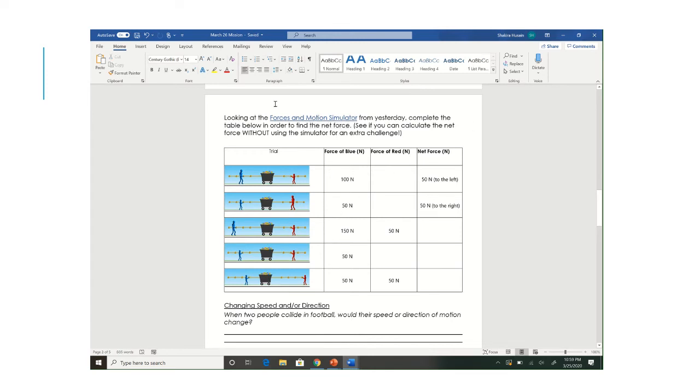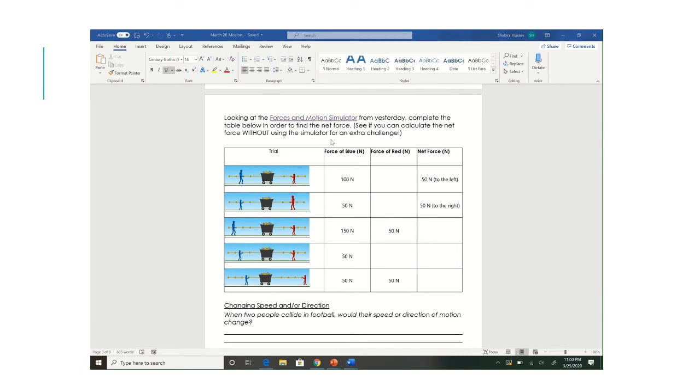So you can either use a simulator and set up these different scenarios on your own and then fill in the table, or see if you can predict these values before even clicking on the simulator as an extra challenge.